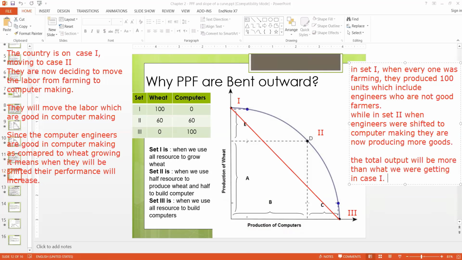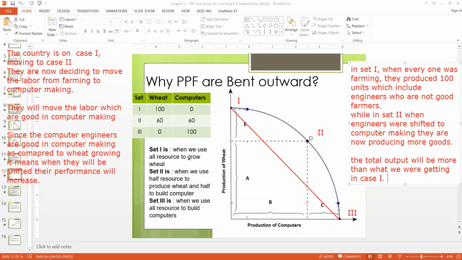So they were very slow producers. They were not efficient producers. Secondly, the farmers were helping them to learn, so farmers were wasting some time. Their resources were being used to help the engineers learn farming. That's why the total output was 100.